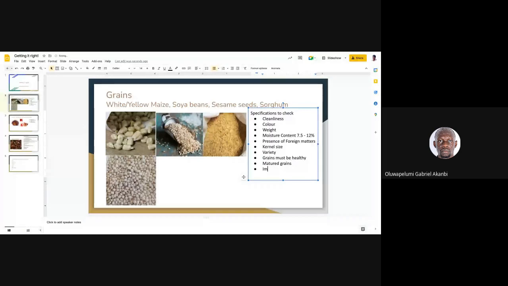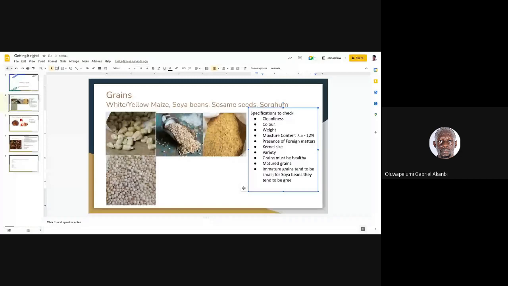And for soybeans, we tend to find out that the coloration of the grain sometimes tends to be brownish green or greenish brown. So we should look out for that. Then the grains, if we are going to supply, must be within the current season, like within a 12-month duration.